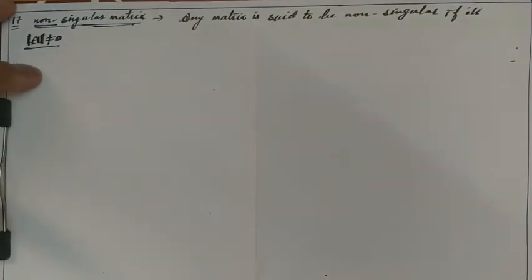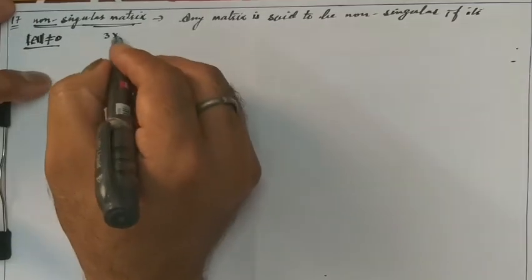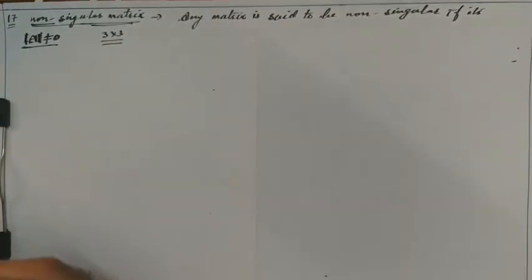Now the question is, A is a non-singular square matrix of order 3 by 3, question number 17.